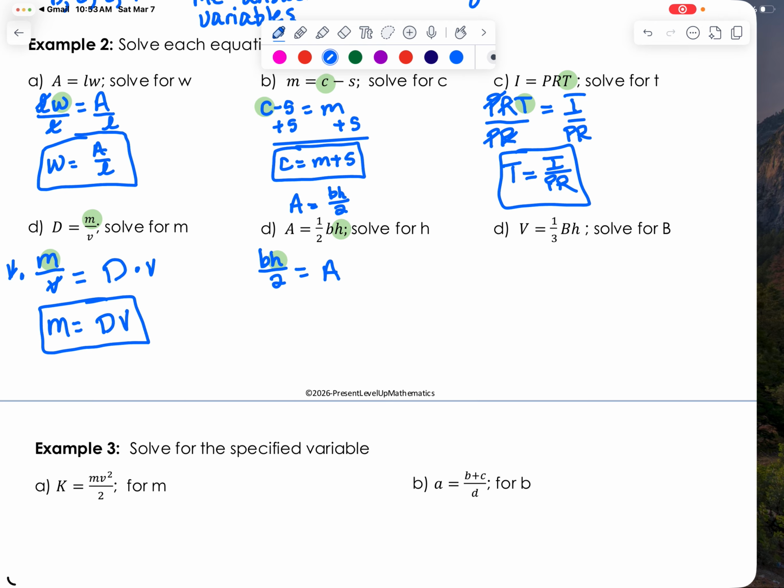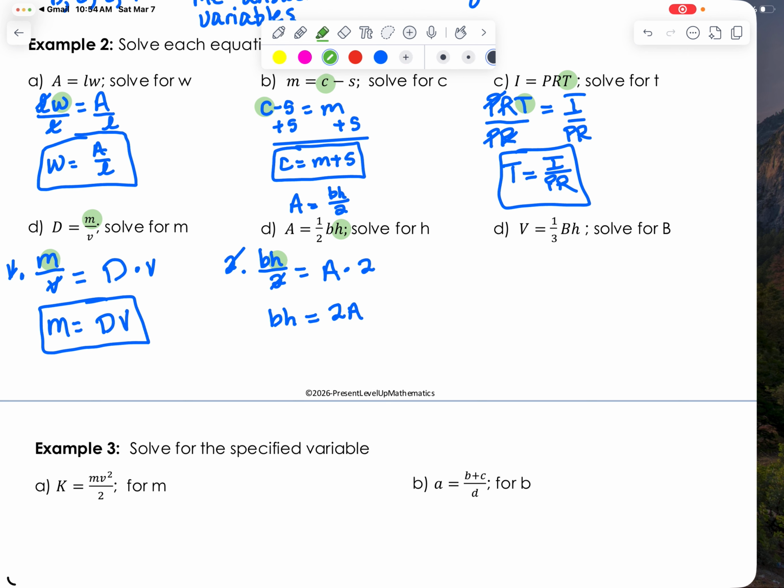We're trying to isolate the h. Now, whenever there's a fraction, you want to remove the fraction first. So the opposite of dividing by 2 is multiplying by 2. Be sure to multiply by 2 on both sides. So this 2 cancels with this 2, leaving me base times height, or BH. And over here, A times 2 is simply 2A.